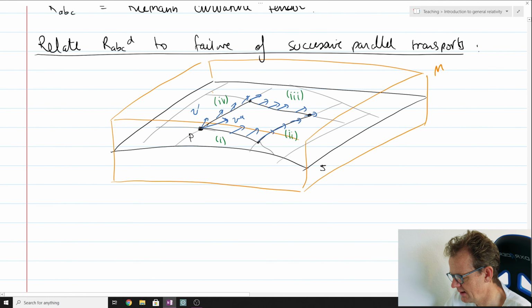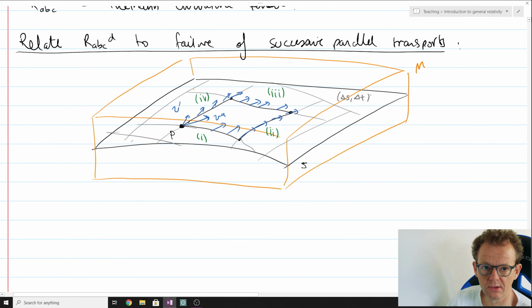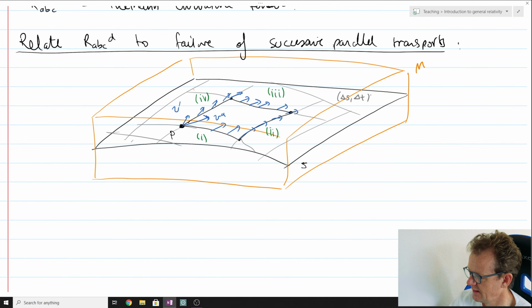So this little square is realized by doing little transports along constant coordinate curves in the surface S. I'll write this out in equations in a minute.